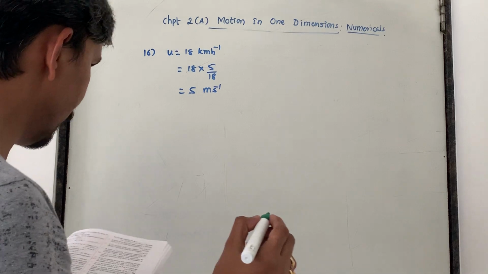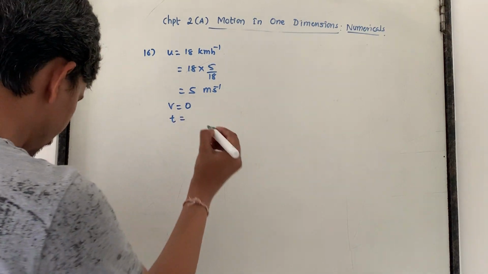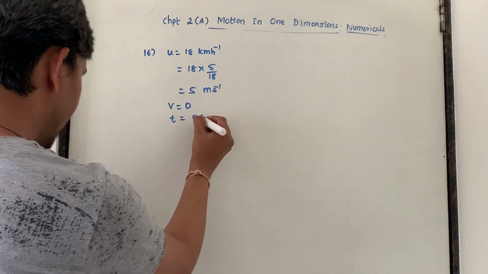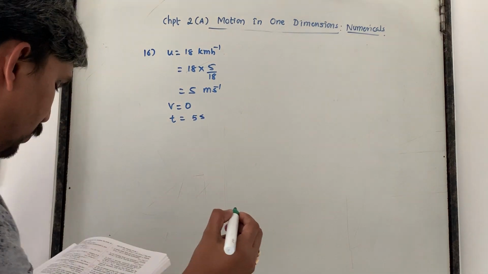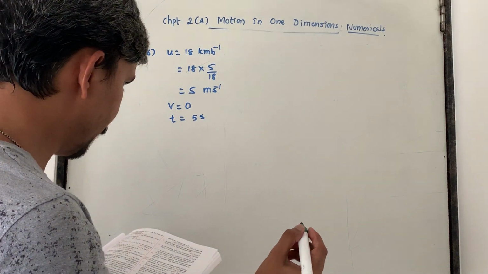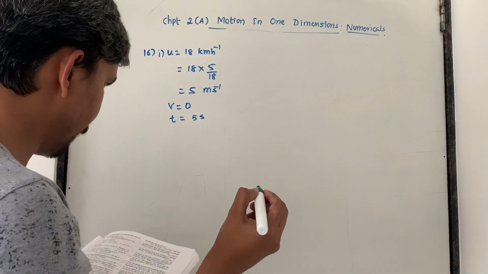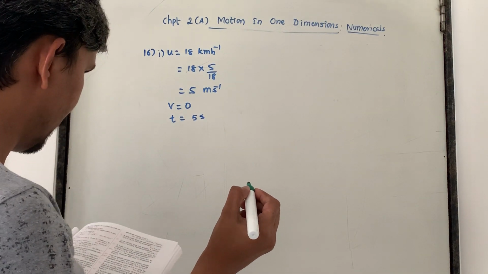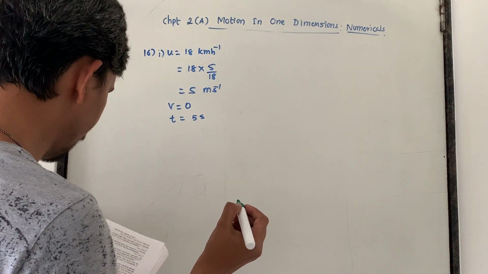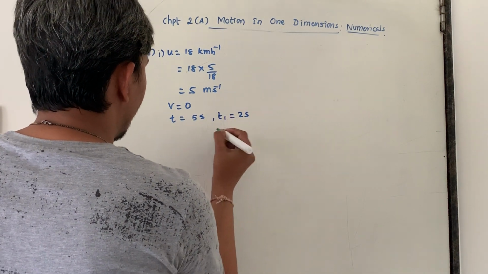It is stopped, so v is equal to 0. Time is given as 5 seconds. There are two times, so I will write this is t is equal to 5 seconds. In the first part, the speed of the car is already given. In the second part they ask for retardation. And in the third they ask what is the speed of the car after 2 seconds, that means t1 is equal to 2 seconds.